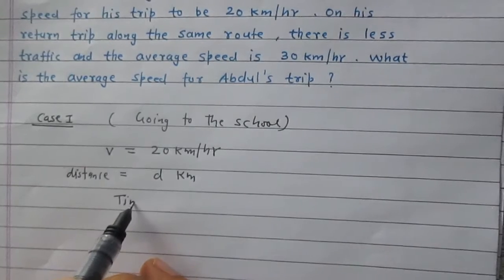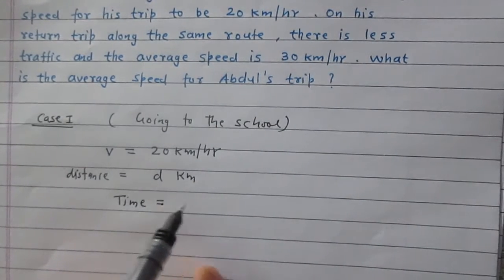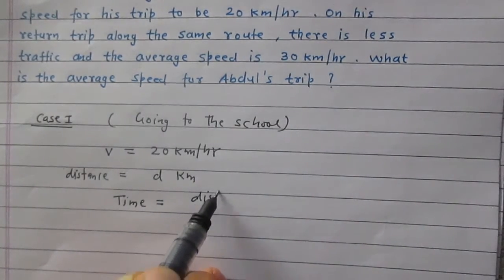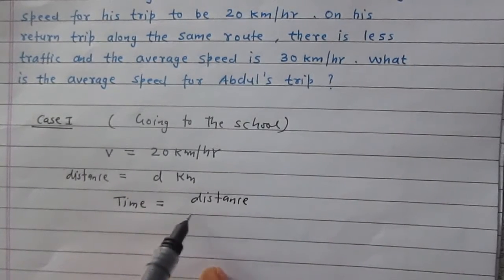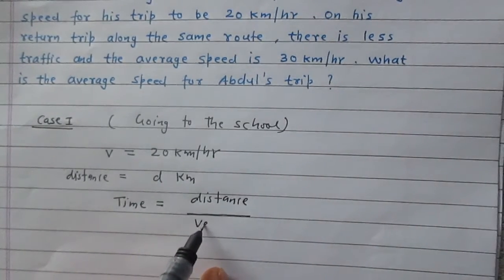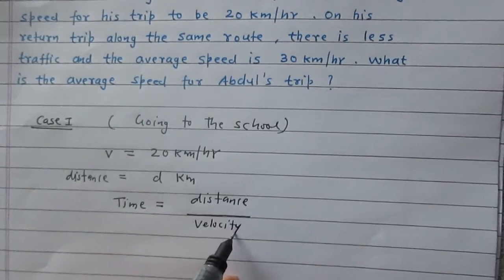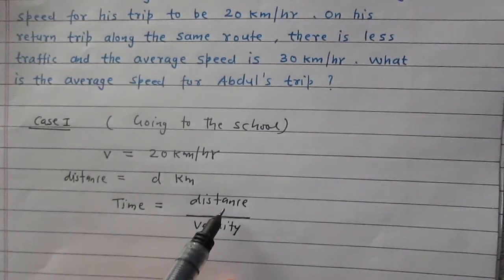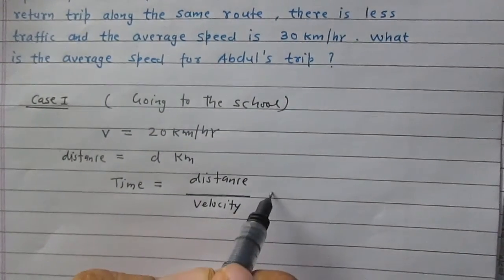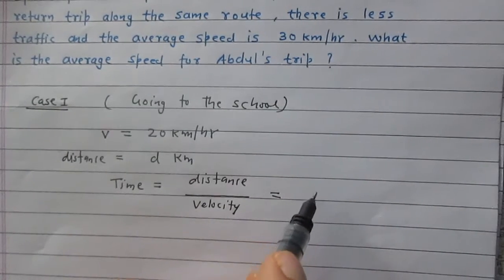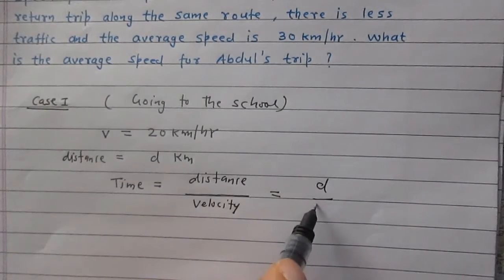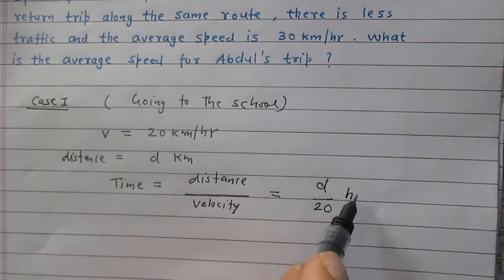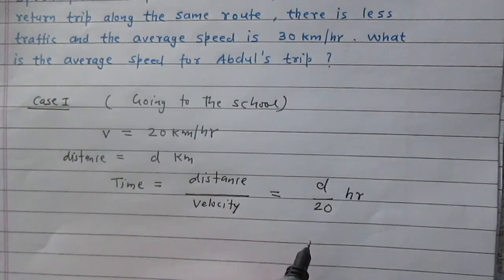We know that time is equal to distance upon velocity by formula. So time taken is equal to distance covered by average velocity. So in case 1, we can say that the time taken by Abdul is D upon 20 hours.